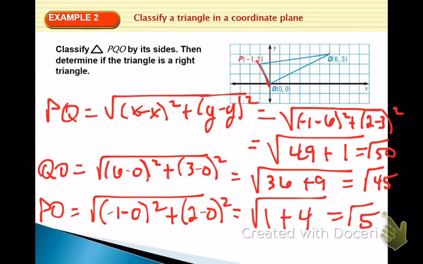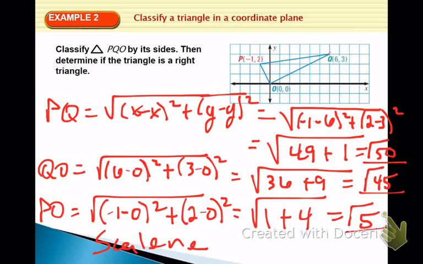Okay? Now, are any of these sides the same? Well, obviously not. So that means this must be a scalene triangle. Okay? Now, can you classify it by its angle measures, by its angles? About the best thing you could do is try to determine if there's a right angle in this triangle. And we can do that since it's in the coordinate plane.